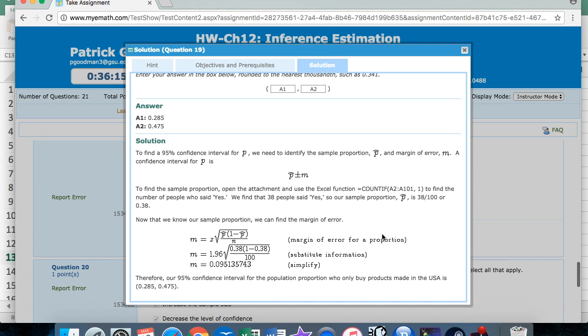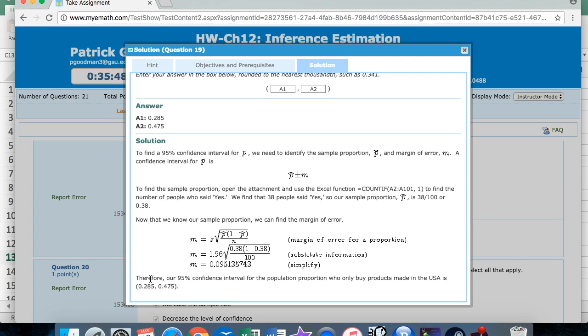Margin of error for proportion, right, because our p hats, okay, divide by 100. This doesn't seem right. So p hat, they said, is 0.38. We got that right. Okay, but how did they get a margin of error like this?